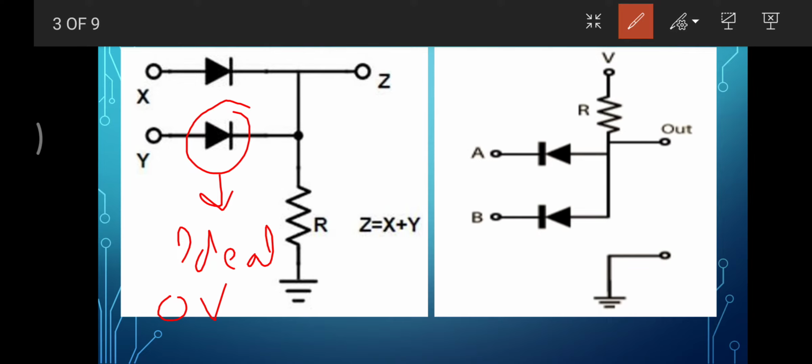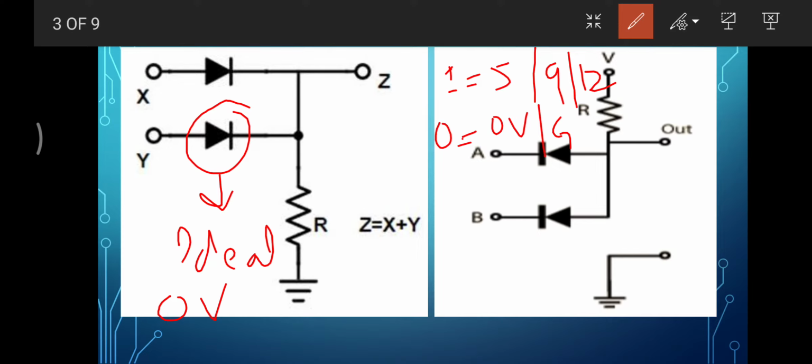Whenever I say 1, it means power. It can be 5 volt, it can be 9 volt, it can be 12 volt. So whenever I say logic 1, it is voltage, and when I say logic 0, it means 0 volt or ground.